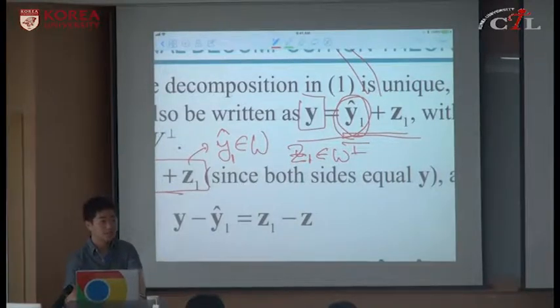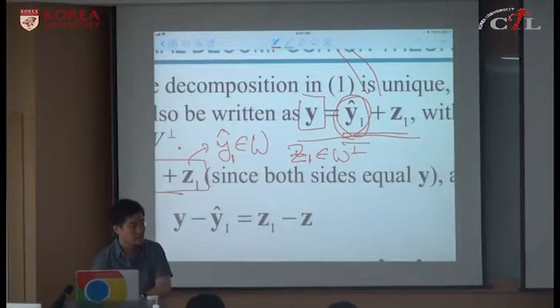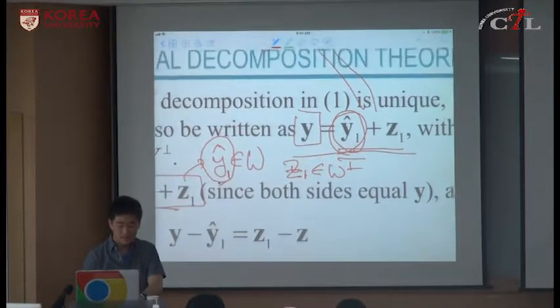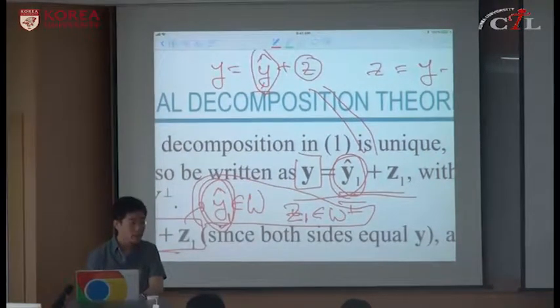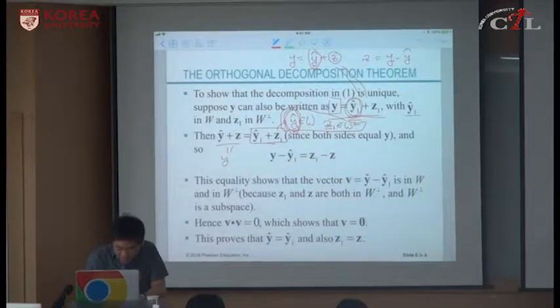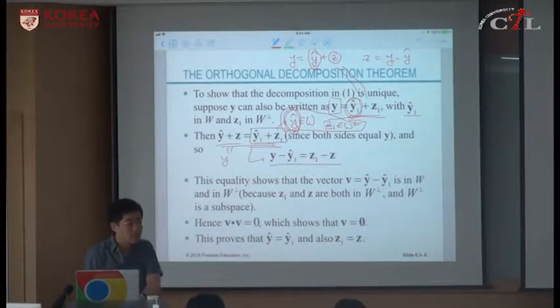That's our initial assumption. The question is whether we can find a y1 hat satisfying these two, and y1 hat should be different from y hat. From here we can manipulate this equation into this form: we moved this term to the left, and this term to the right.